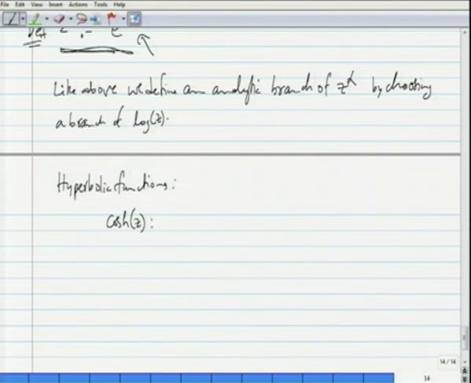Owing to the definition of the real cosine hyperbolic and real sine hyperbolic functions, we define the complex hyperbolic cosine function to be e power z plus e power minus z by 2, and the sine hyperbolic function of z is e power z minus e power minus z by 2.